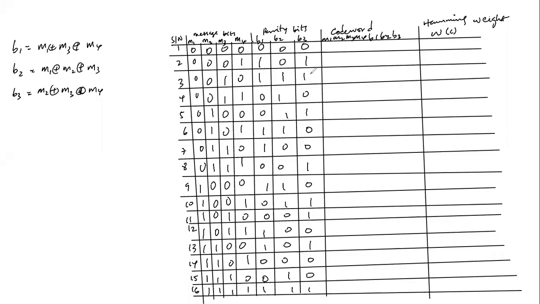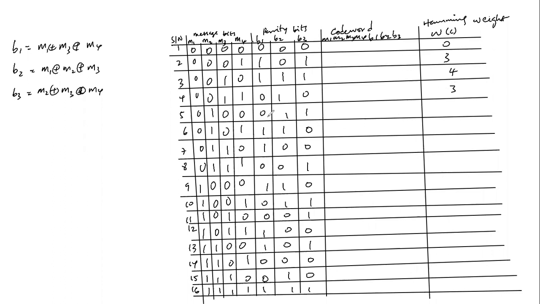Hence we have that, and the next thing to do is to transfer all of these as the code word, and then the weight, the number of ones. In this case it is 0. Number of ones here, 3. Number of ones here, 4. Number of ones here, 3.